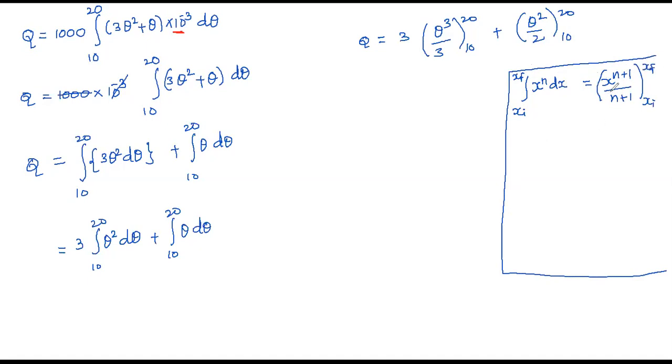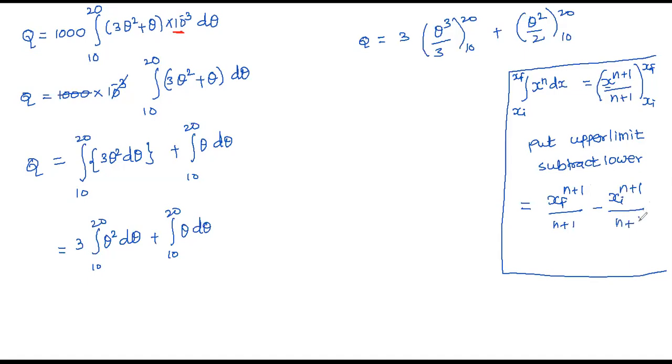At the place of this x, put upper limit, subtract lower limit. So that is equal to, at the place of this x, you will get xf power n plus 1 divided by n plus 1 minus xi power n plus 1 divided by n plus 1.